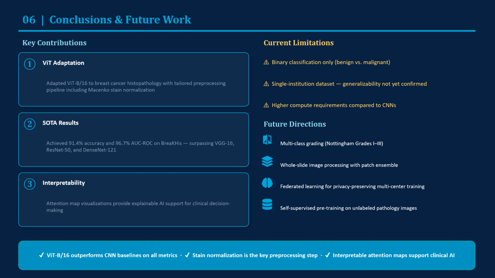In the future, we plan to extend this work to multi-class breast cancer grading, evaluate the model on a larger and more diverse dataset, and explore techniques such as federated learning and self-supervised learning to further improve performance and make the system more suitable for real clinical applications.